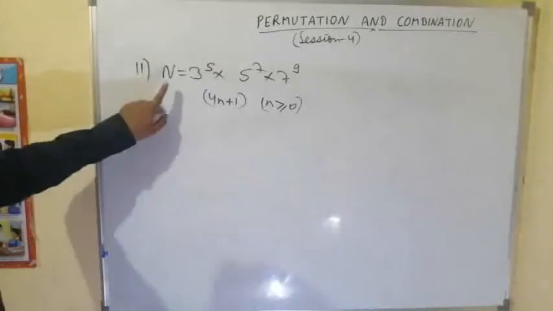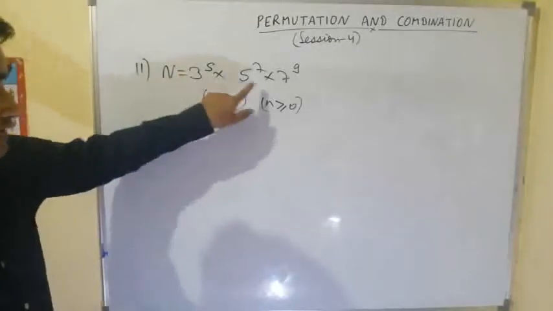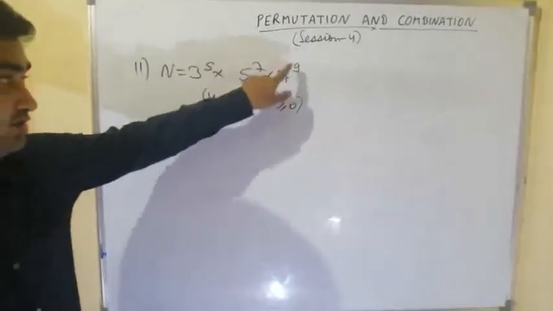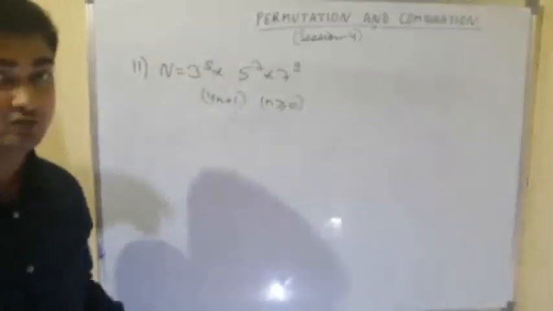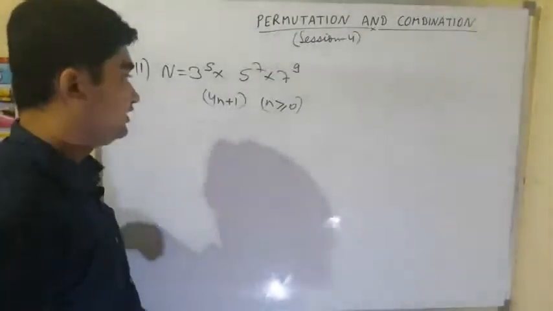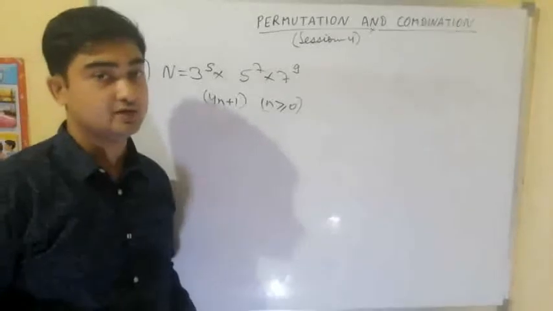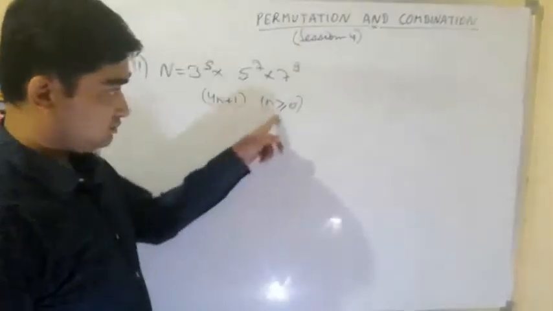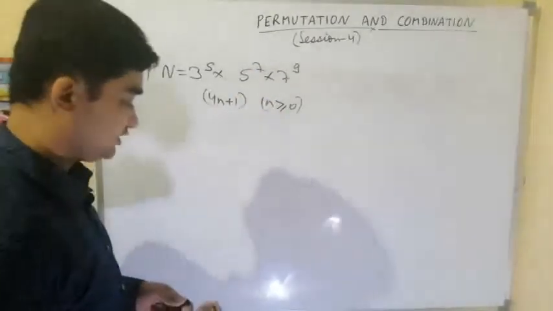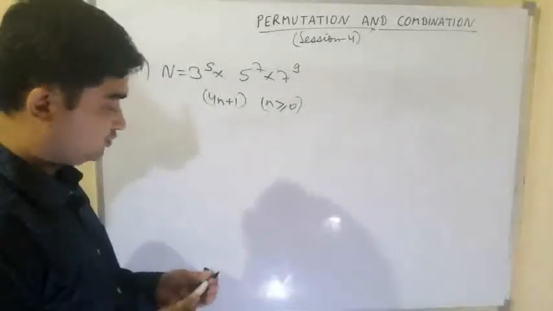Okay. Now in this problem, a natural number is given in terms of factors 3 power 5 into 5 power 7 into 7 power 9. We have to find a factor of the form 4n plus 1, where n is greater than or equal to 0. Then what to do?